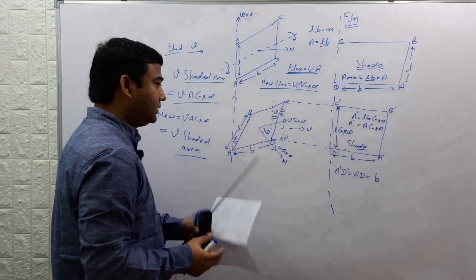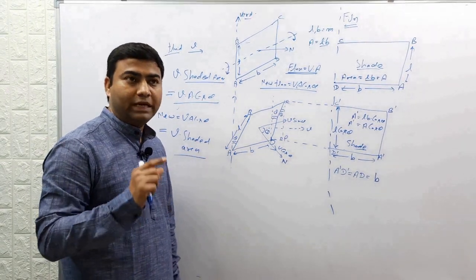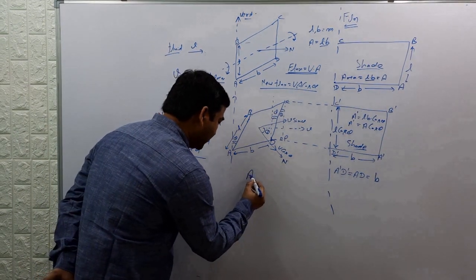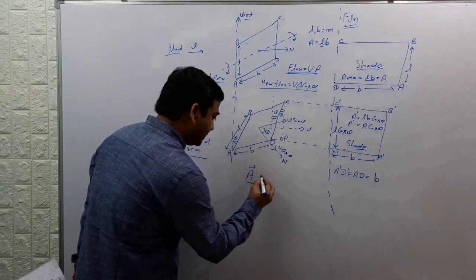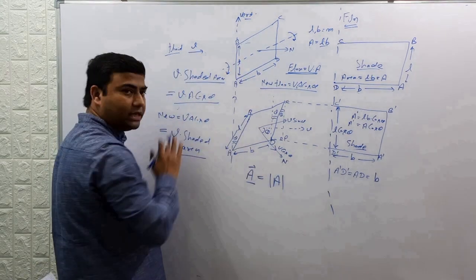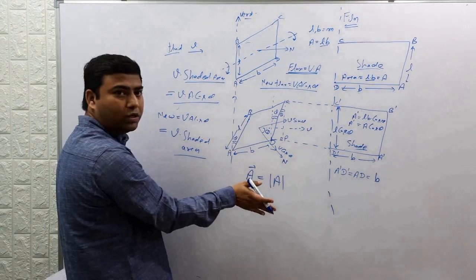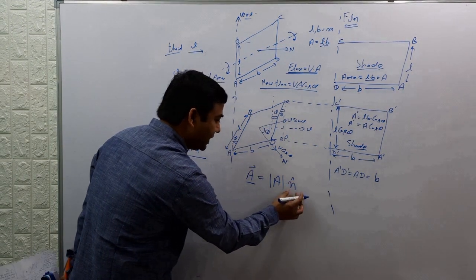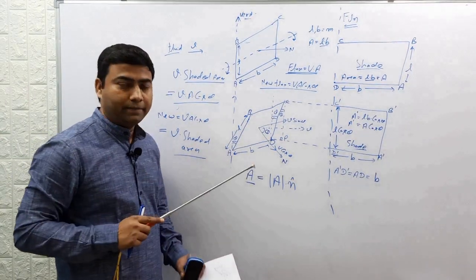Now the third method, if we assume area as a vector, which is called area vector. This vector has magnitude equal to the area of this shape, and its direction is perpendicular to the surface of the area. Let n be the unit vector perpendicular to this area.